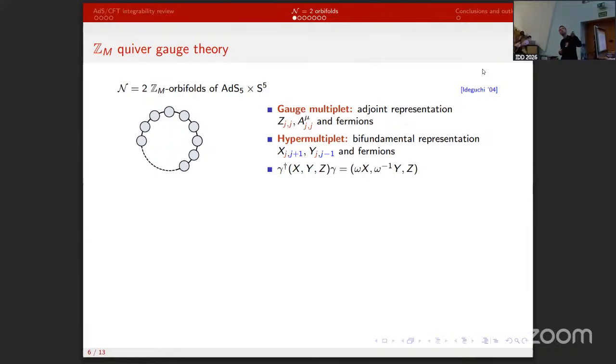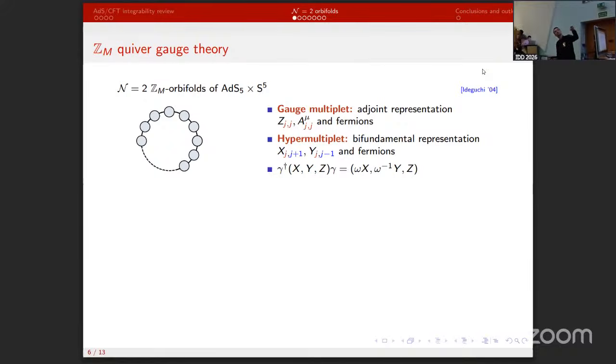And for the gauge theory, you will get a quiver gauge theory. So these are usually the quiver diagrams, necklace diagrams that people draw for this. So in each of these, if you stay in the picture of a necklace, pearls on this necklace is a gauge multiplet, which contains the fields, for instance, Z and A and some of the fermions, so the gauge field and the scalar field Z.